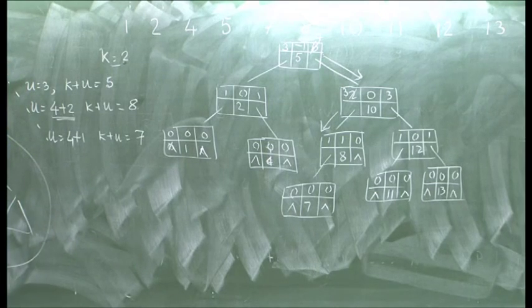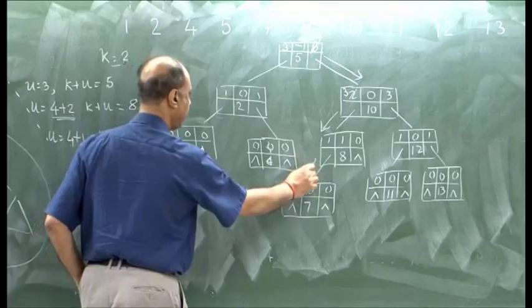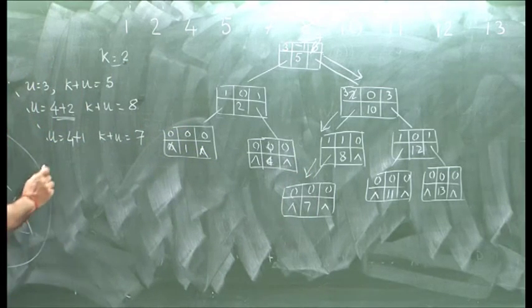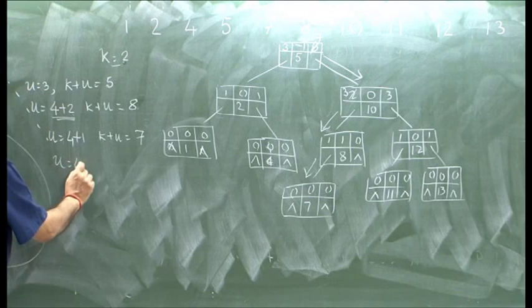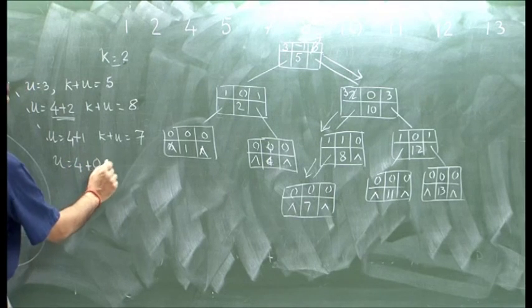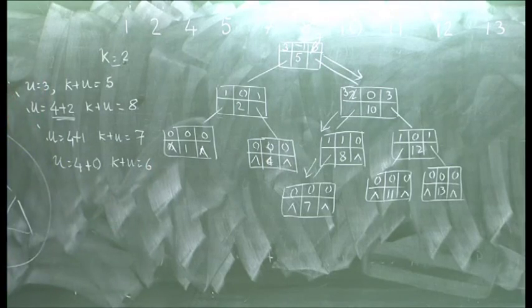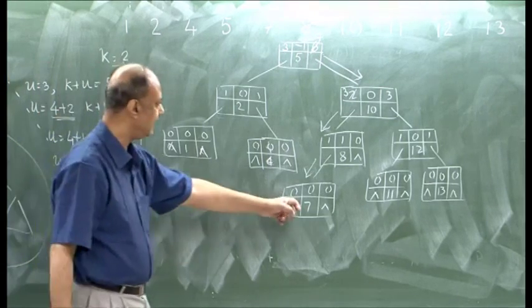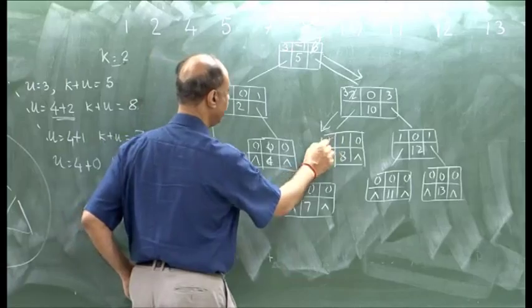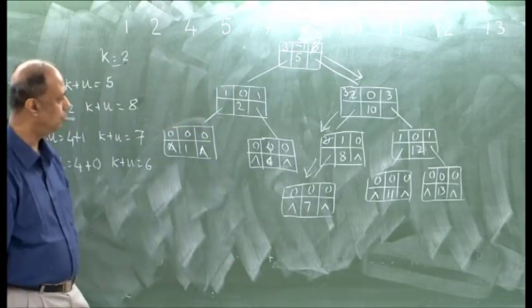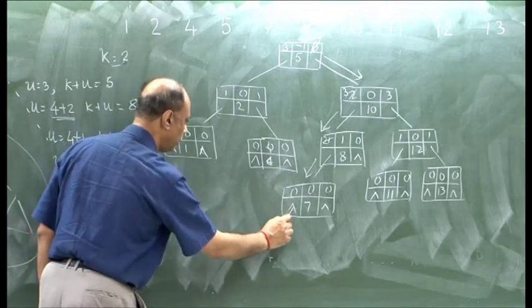Now 7 is less than 8. So the path to be followed is this one. So your u is now 4 plus 0, k plus u is 6. So this will be increased by 1, which is 2. 6 is less than 7. So you got the position where it is to be inserted.